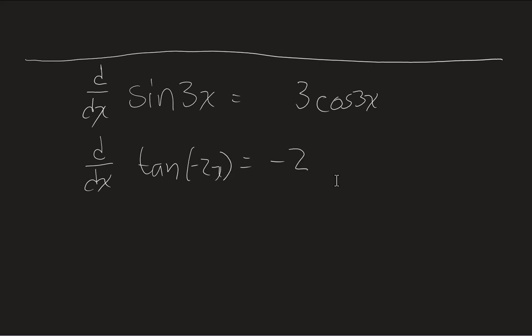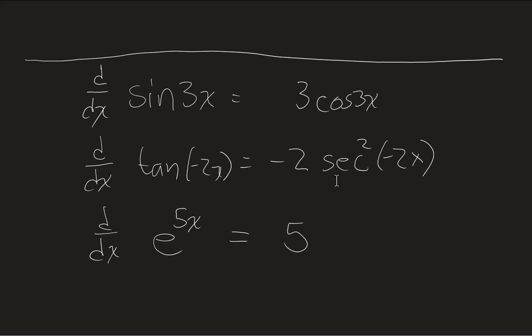The derivative of e to the 5x is, the derivative of e to the x is e to the x, so the derivative of e to the 5x is 5e to the 5x. And that's going to be the case whenever you're multiplying by a constant.